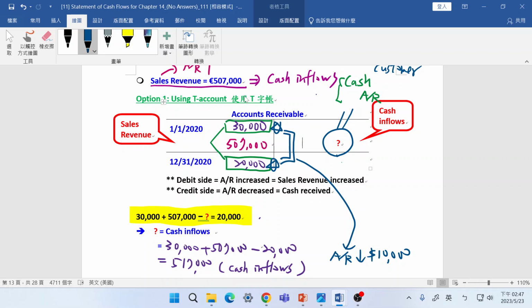So customers paid you $517,000. It means what? They paid you not only this year's amount, they paid more money back to you, so their liability decreased. They owe you less because they paid more back to you.